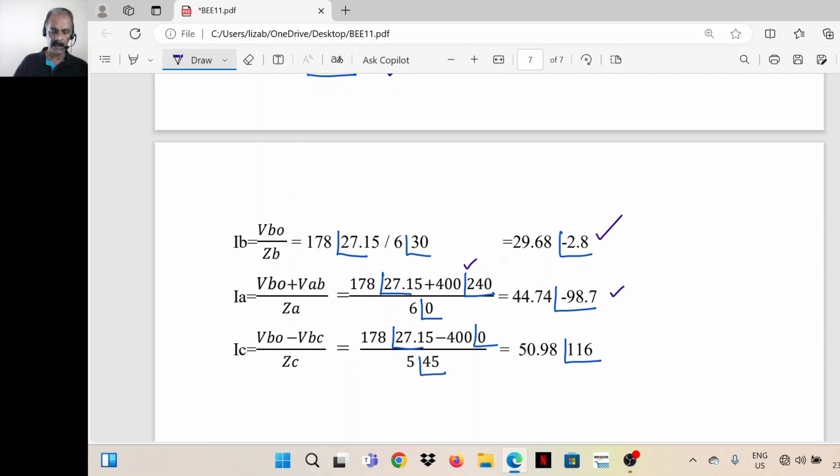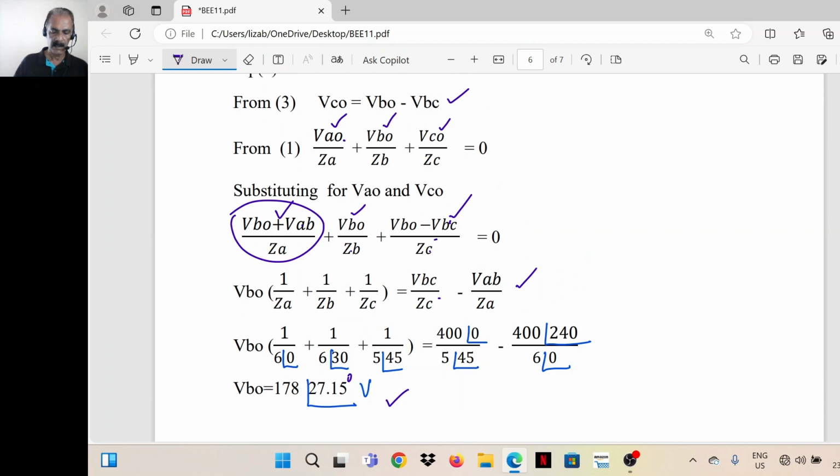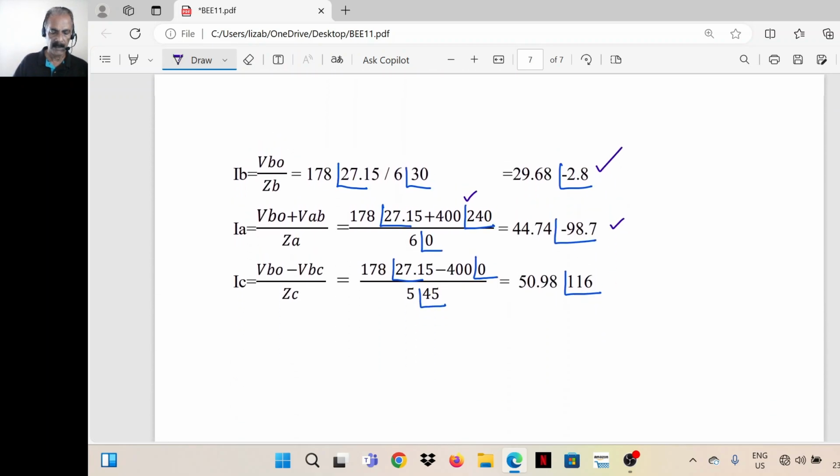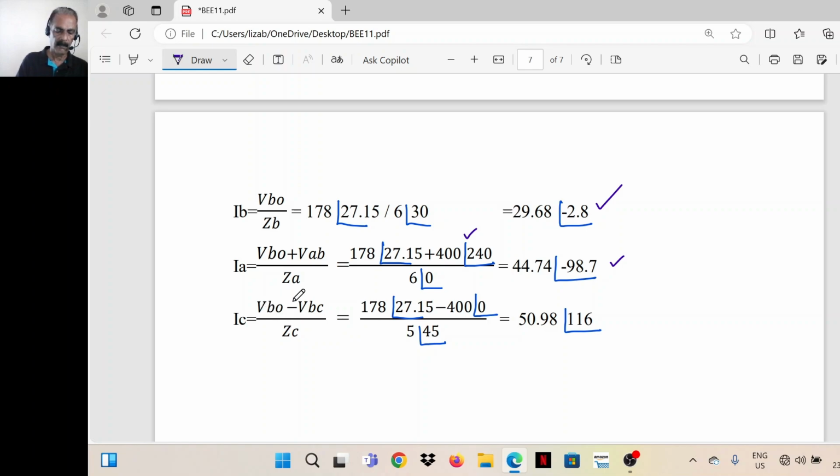Similarly, IC is VBO minus VBC divided by ZC. VBO we solved, VBC is 400 angle 0 divided by 5 angle 45. It is 50.98 angle 116 degrees.